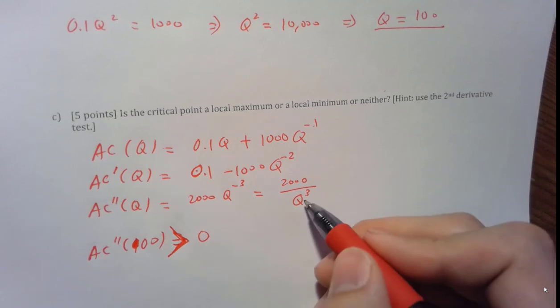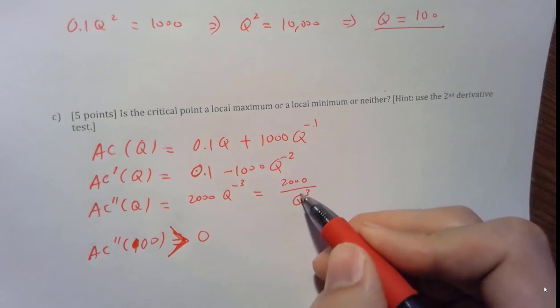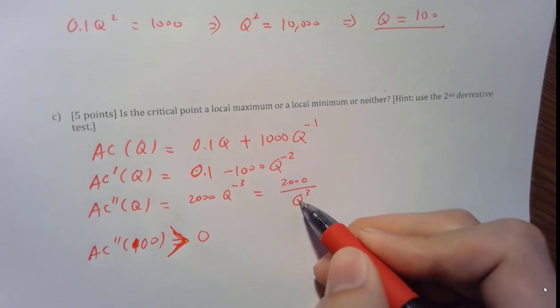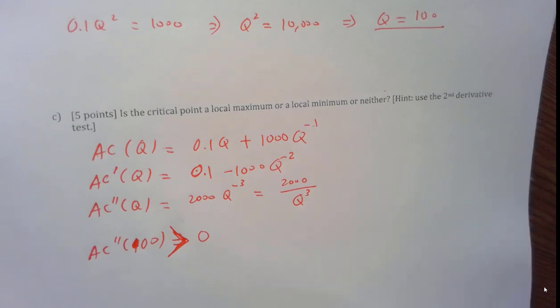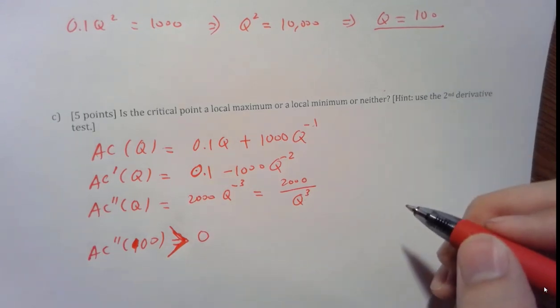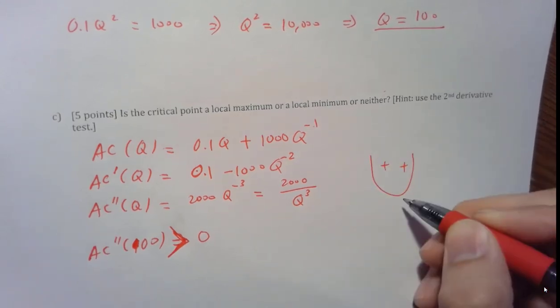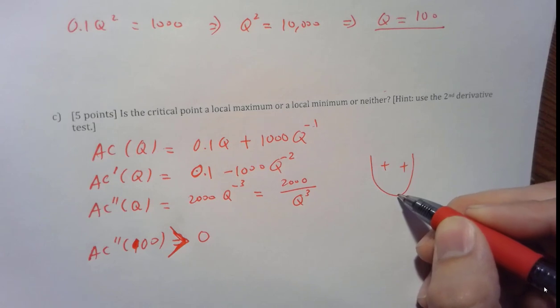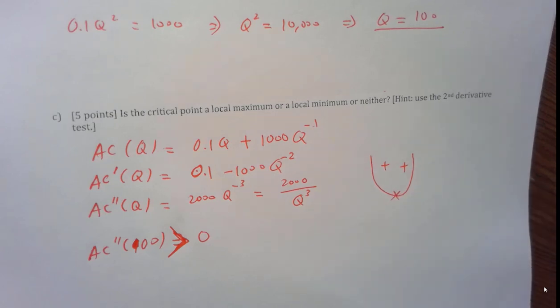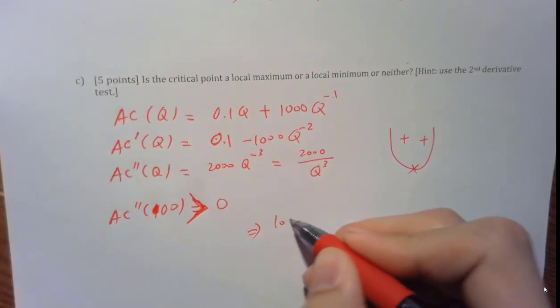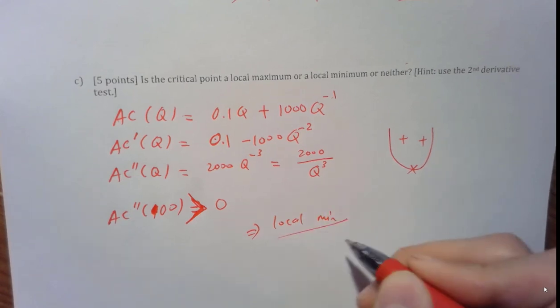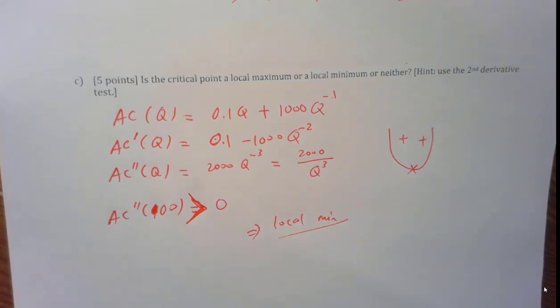Yes, 100 is right here, and 2000 divided by 100 to the Q power should be something positive. So positive is the plus side. Plus is the happy face for the second derivative test, and that should give you the local min in this case. Okay, so that is question number 4.